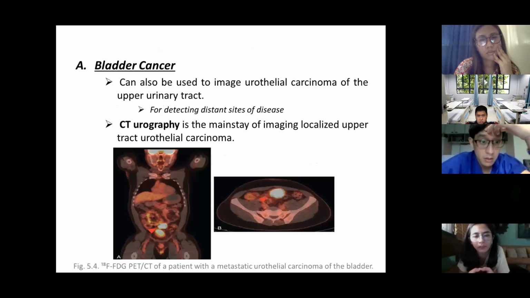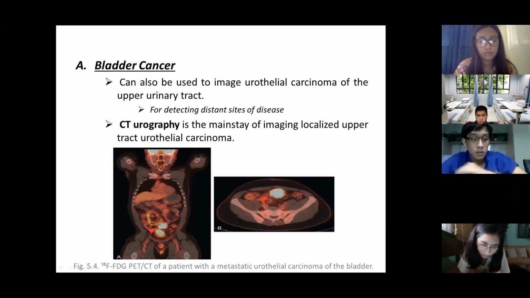It can also be used to image urothelial carcinoma of the upper urinary tract for detecting distant sites of disease. However, CT urography is still the mainstay of imaging localized upper tract urothelial carcinoma. So this is an example of a patient with metastatic urothelial carcinoma of the bladder.